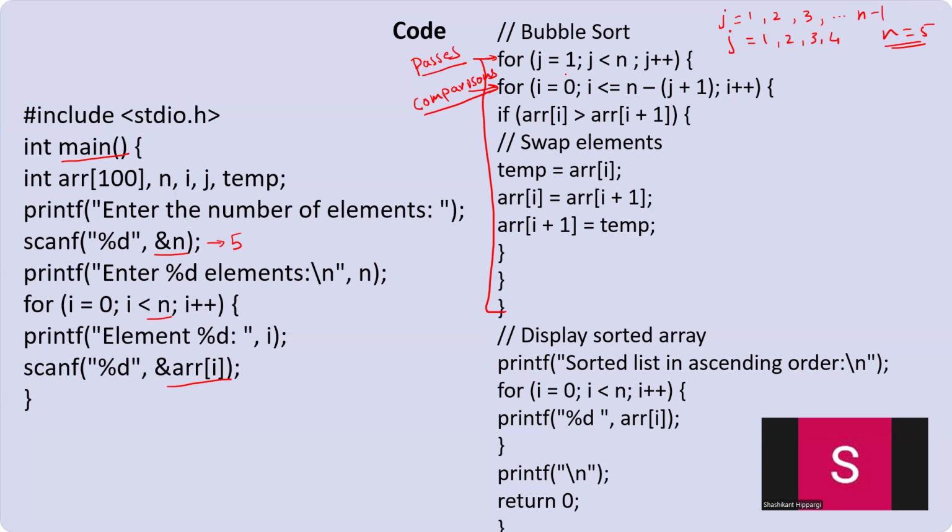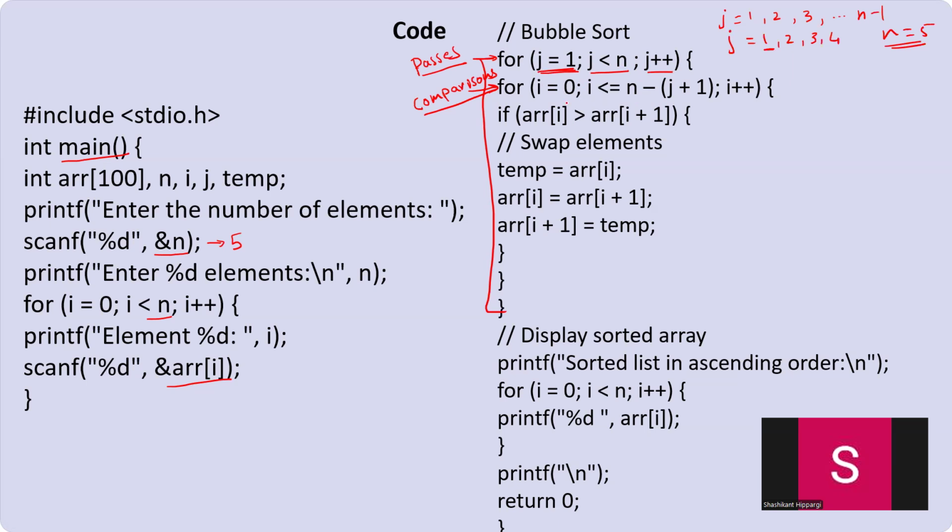Looking at the conditions in this for loop, the initial value of j is 1 because we start from pass 1, and the last pass must be n minus 1. So j is less than or equal to n minus 1, and we increment the pass every time.